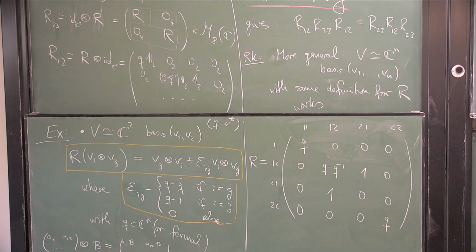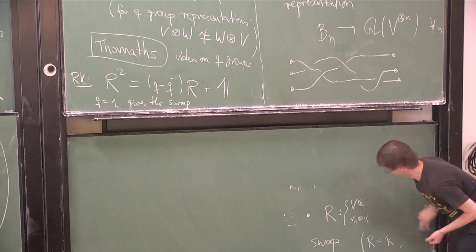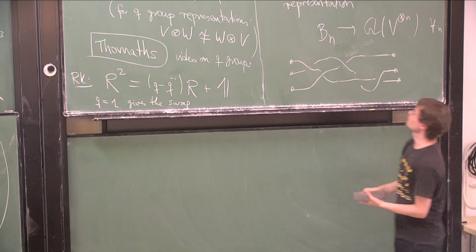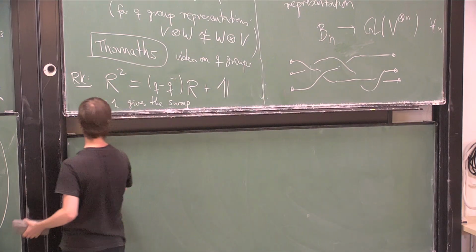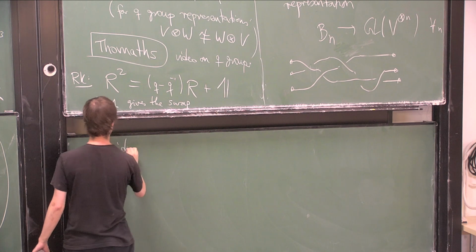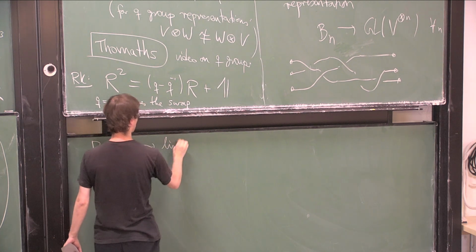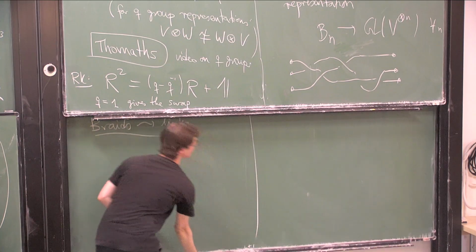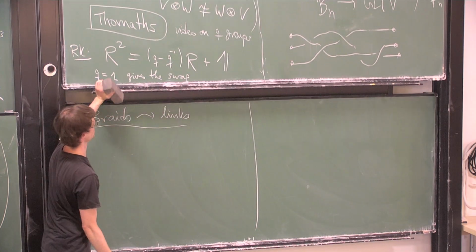So there's one final fact which I found really cool and I want to share. If you want to go from braids to links, what we saw is that you have this closure, this closing procedure.